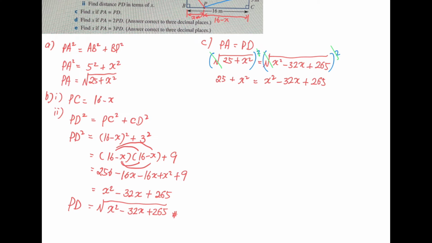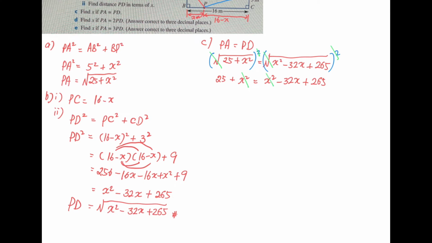After that, if I shift x squared to the left, I will get x squared minus x squared, which cancel off. So I just cancel off straight away here.